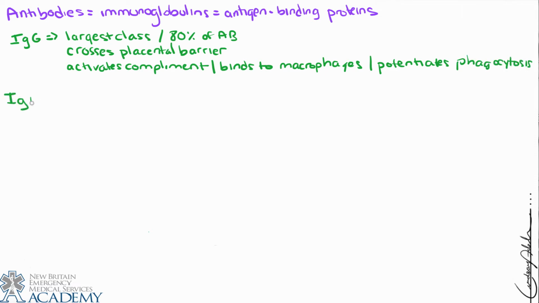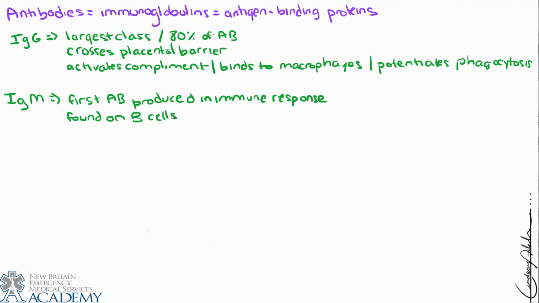IgM is much less prevalent, representing only about 5 to 10% of the circulating antibodies, but it is the first antibody to be produced in an immune response, so it's the quickest, the most rapidly available. These are found commonly on B cells in one form, and in another form they can be found circulating in blood and lymph, just unbound.